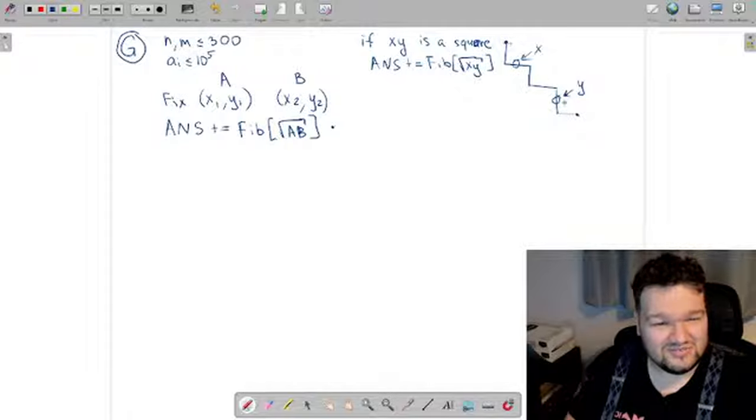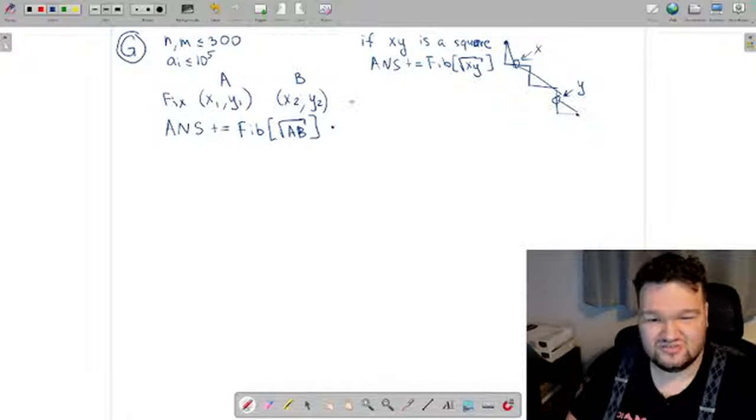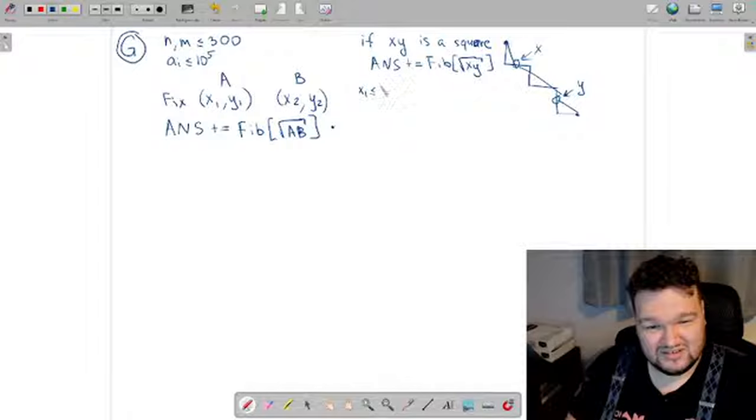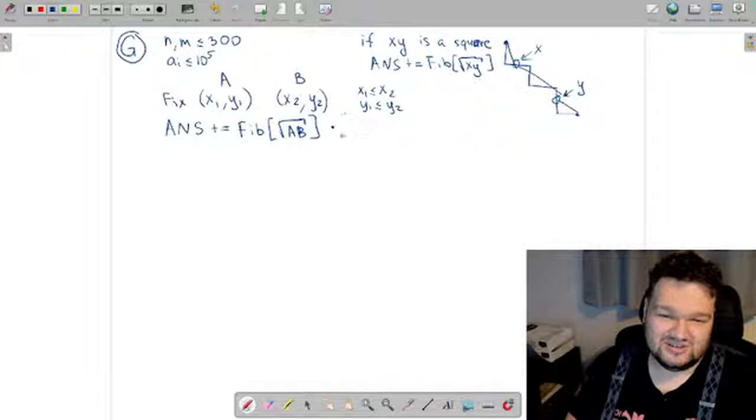And if we have 2 fixed points, that means that we want to take any path from start to the first point, and from the first to second, and from second to finish. So we need to have x1 at most x2 and y1 at most y2, and then we multiply some binomial coefficients.